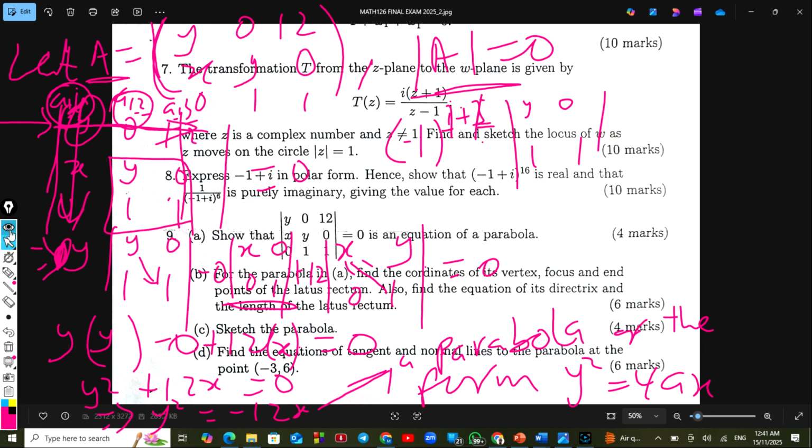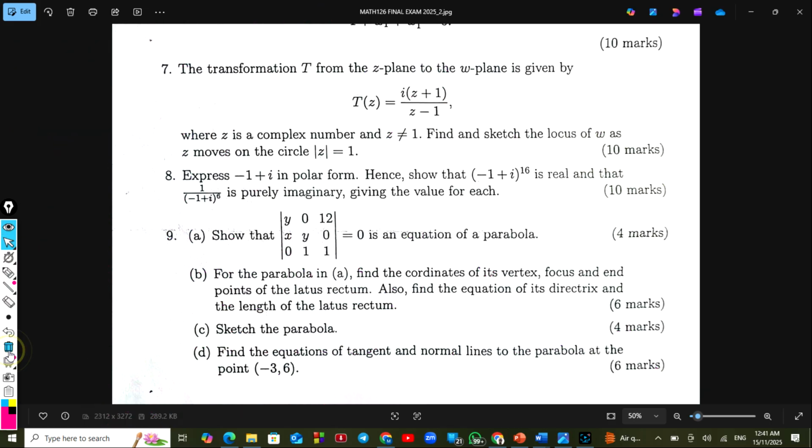Let me write V for the vertex. So we need the V, the vertex. It's a point. Then the focus, which is (a, 0).